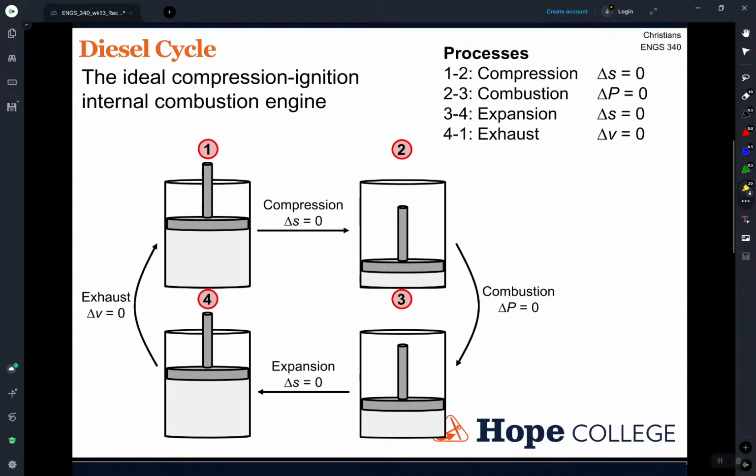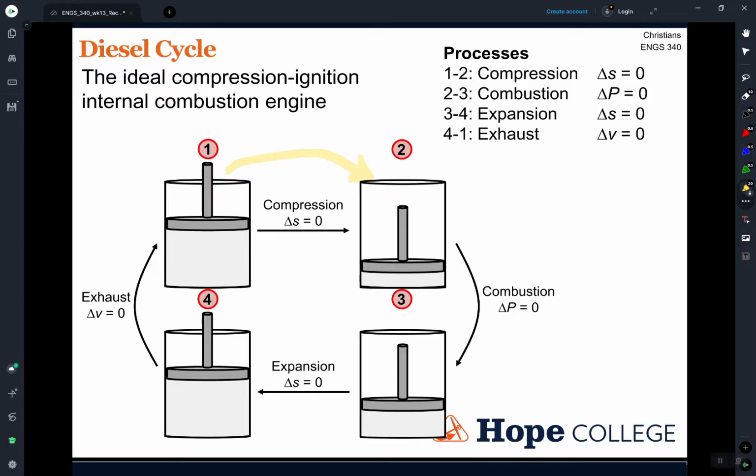Another one that should be fairly familiar just from everyday life, but also now from doing some of the calculations behind it, is a diesel cycle. So the big difference between a diesel cycle and an Otto cycle, this compression process is essentially the same. But in a diesel cycle, we have a higher compression ratio.